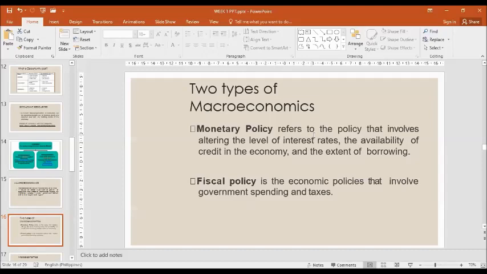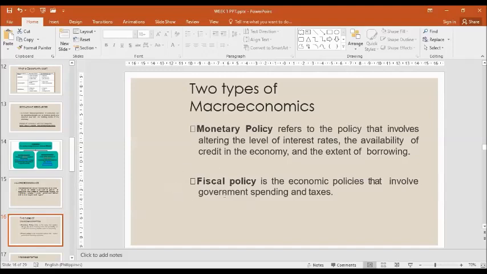So monetary policy refers to the policy that involves altering the level of interest rates, the availability of credit in the economy, and the extent of borrowing. The agency here in the Philippines that is involved in the monetary policy is the Bangko Sentral ng Pilipinas, or the BSP.